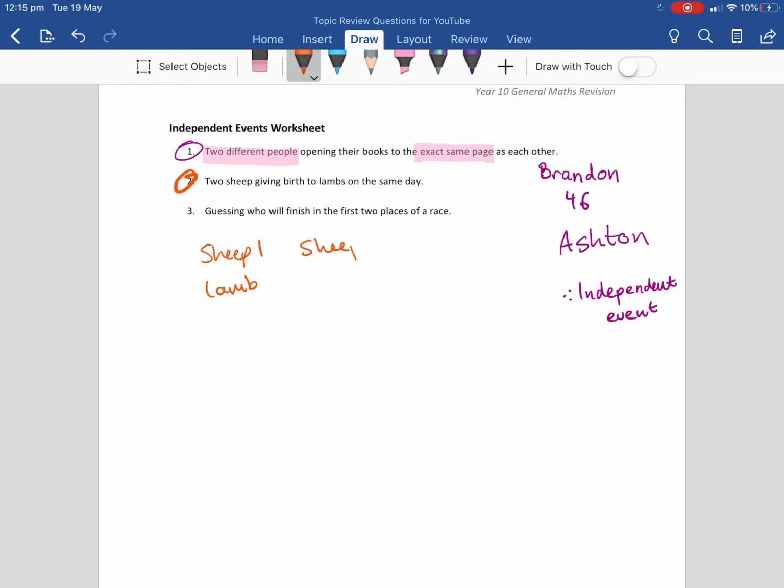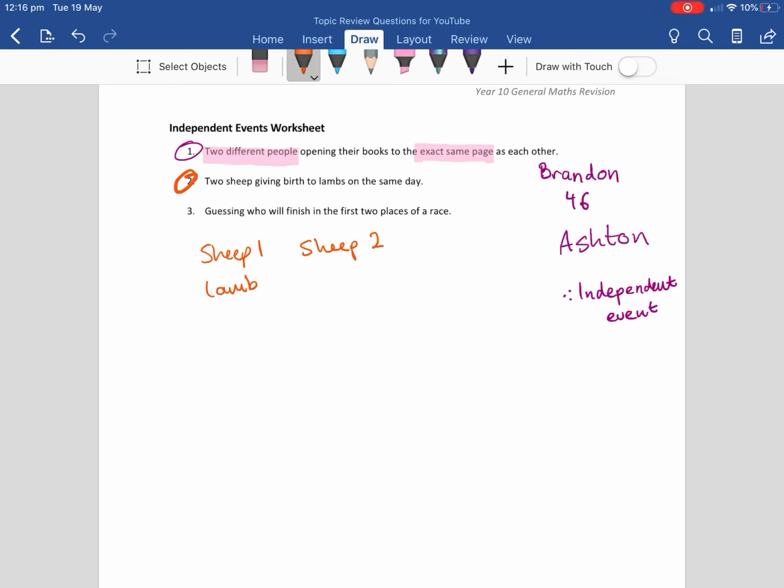When the second sheep has its baby on the same day, does it depend on the first birth? That's a bit hard. Does that second sheep depend on the first one? If the first one didn't have their baby that day, does that mean the other sheep won't have their baby that day? It sounds a little bit silly, but no, they're independent.